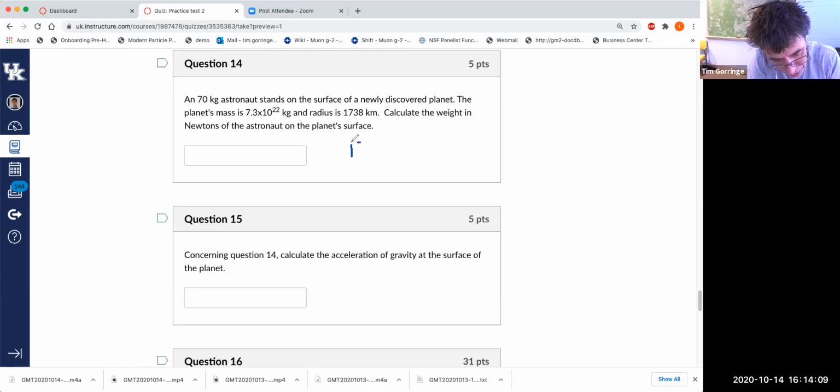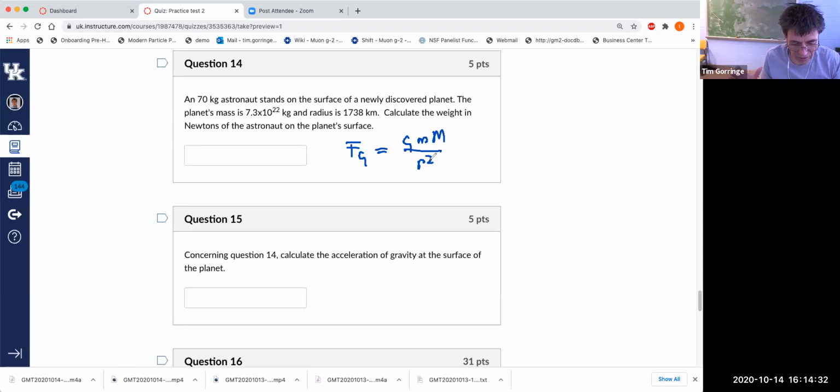So for the gravitational force that's experienced by the astronaut, we're going to use the universal law of gravity, which says that the force is in proportion to the product of the masses, and depends on the square of the separation between the masses.